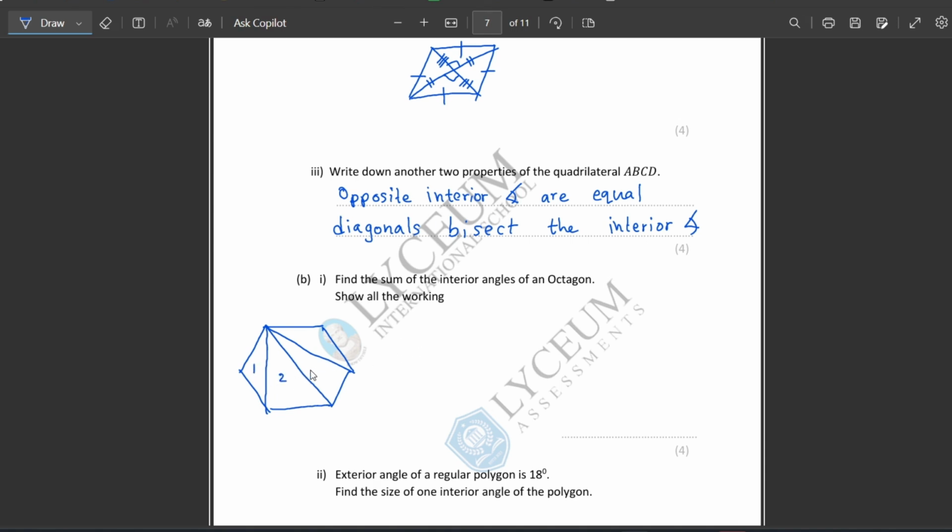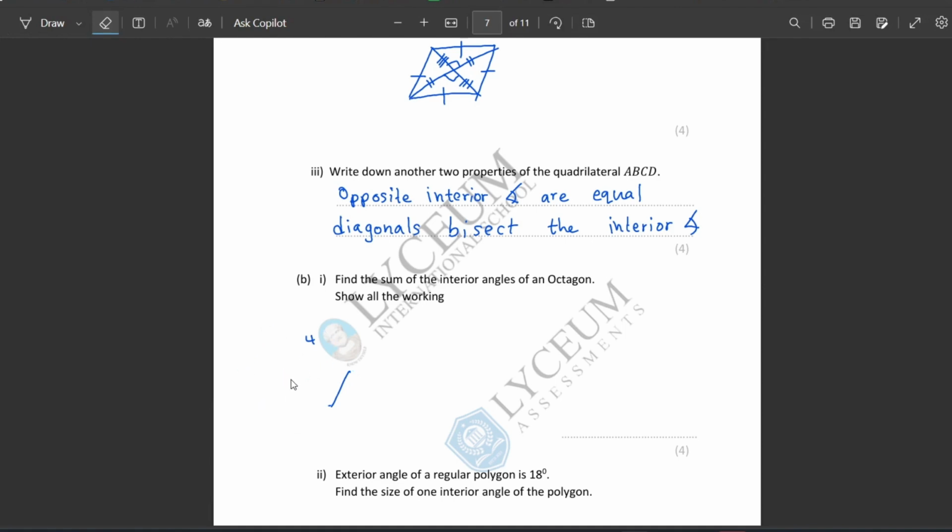Here we have 1, 2, 3, 4. Oh, sorry, this is not an octagon. This is an octagon.